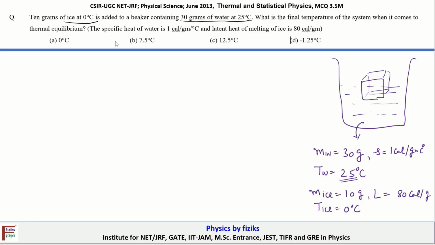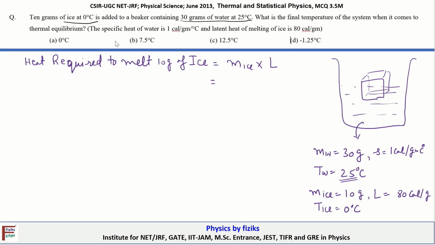So the heat required to melt 10 gram of ice is the product of the mass of ice and the latent heat of fusion, or latent heat of melting.